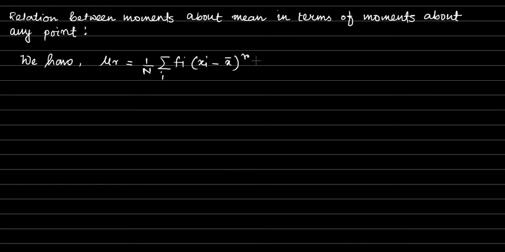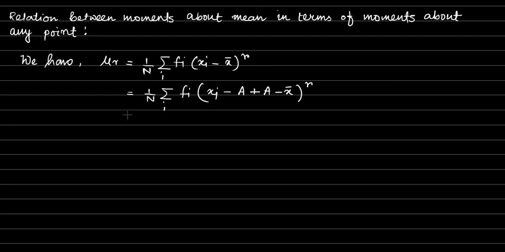That is equal to 1 by n summation over i f_i into (x_i minus a plus a minus x bar) whole to the power r. So we have taken an extra minus a, and to balance that minus a we have taken another plus a, where a is any constant.